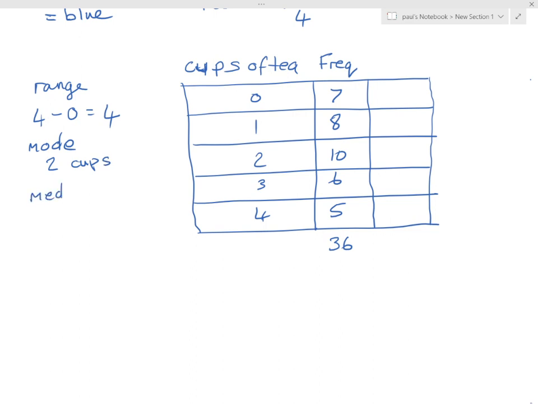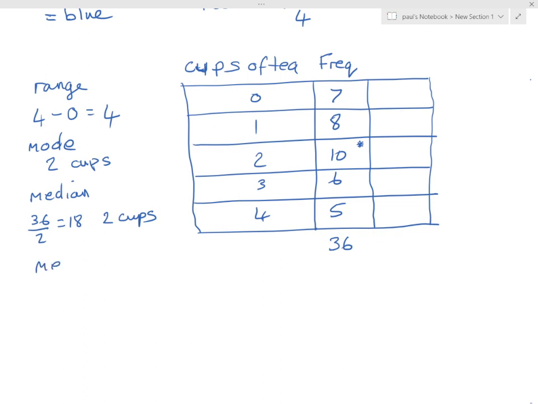The median, remember the middle value, so take your 36, divided by 2 is 18, and count down from the top. 7, 15, 16, 17, 18. 18 is going to be in here somewhere, so therefore we go left, and the median is 2 cups.